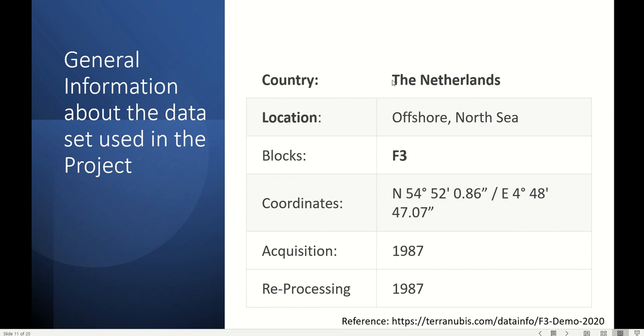So this data is from the country Netherlands and its location is offshore North Sea and the block name is F3. And if you're looking at the coordinates, these are the coordinates for this data set. I will show you the location in Google Maps. And it was acquired in 1987 and also processed in 1987, this data set.